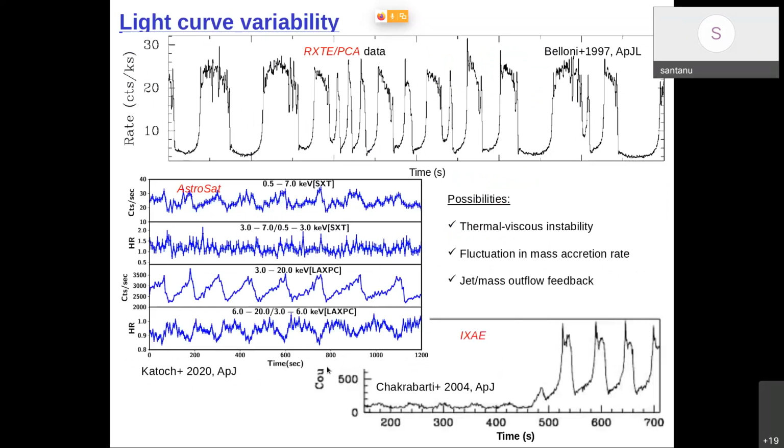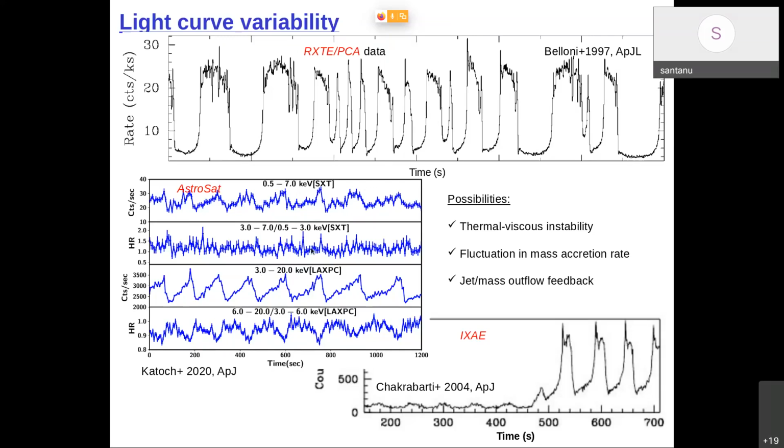Apart from QPO frequency and spectral shapes, we can see different variability features in the light curve. For example, you can see here periodicity after a certain time, observed by RXTE and also recently by AstroSat. This is the GRS 1915+105 source, and it showed a heartbeat kind of oscillation.